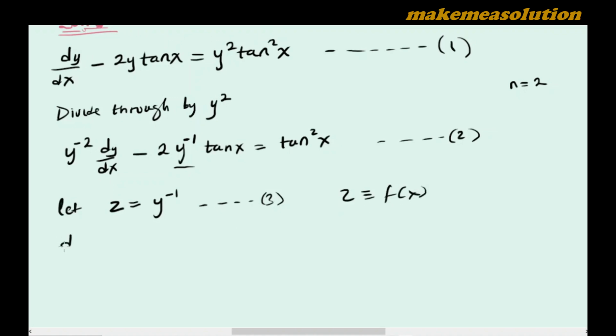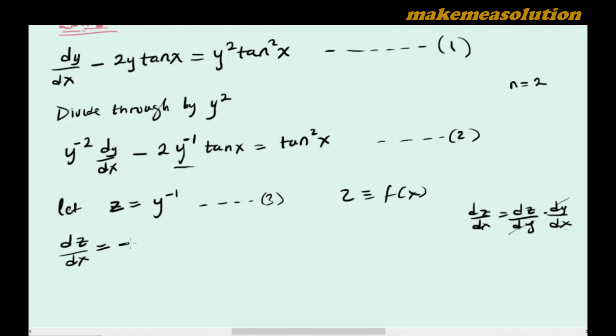Now if we differentiate dz/dx, we're going to use the chain rule. dz/dx is dz/dy times dy/dx. See how these two will cancel out, leaving you with dz/dx. But we're not going to cancel it out literally speaking. So dz/dx is dz/dy. You're going to differentiate z as if it were a function of y.